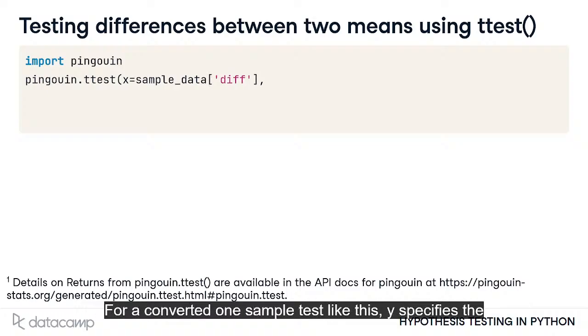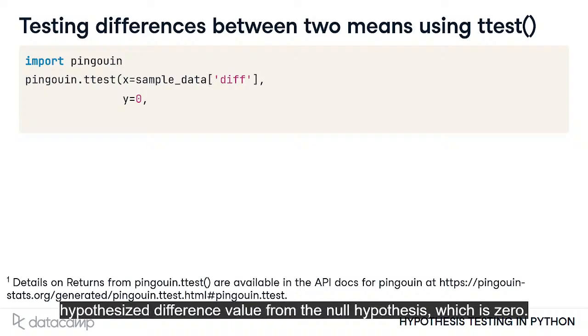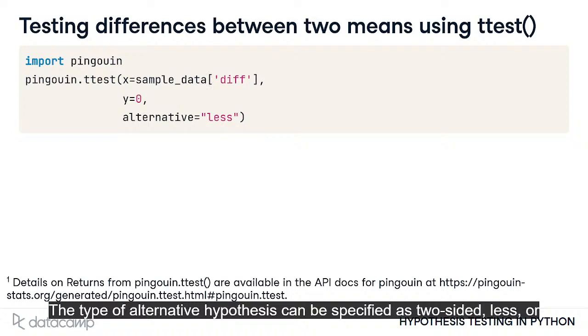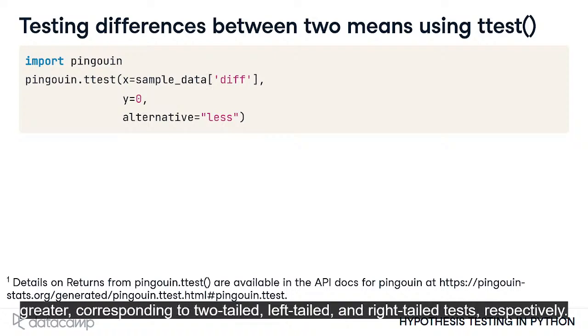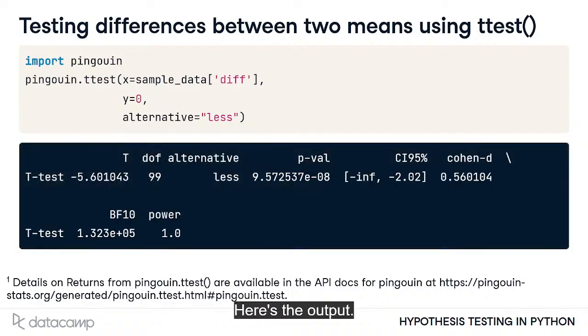For a converted one-sample test like this, y specifies the hypothesized difference value from the null hypothesis, which is 0. The type of alternative hypothesis can be specified as two-sided, less, or greater, corresponding to two-tailed, left-tailed, and right-tailed tests, respectively. Here's the output.